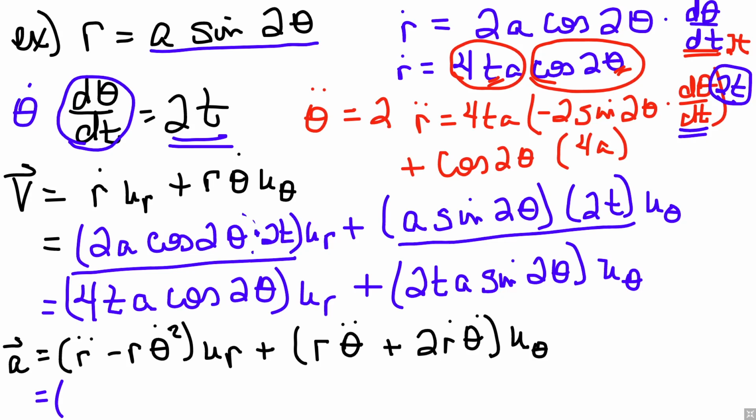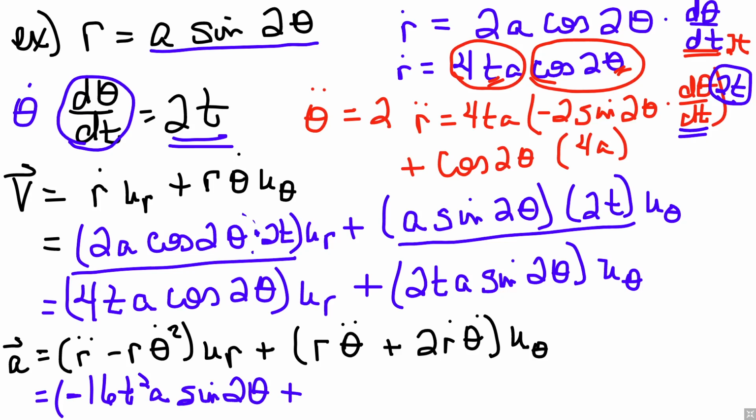You're close, but not quite. Negative 2 and 4, if I multiply those together, gives negative 16. So we're going to end up with negative 16 t squared a, multiplied by the sine of 2 theta.